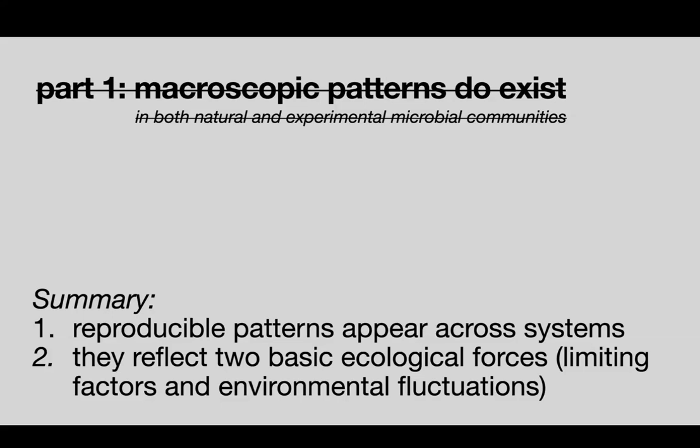The other is that there are environmental fluctuations, the main source of variation in these communities. The environment is fluctuating at a relatively fast pace, and this produces the dynamics that we observe. And then we can use this very simple idealized model to identify non-trivial patterns and non-trivial deviations.